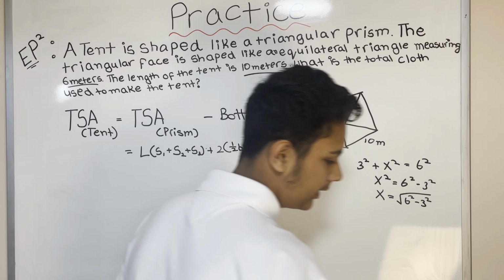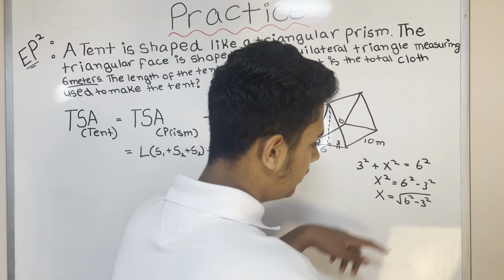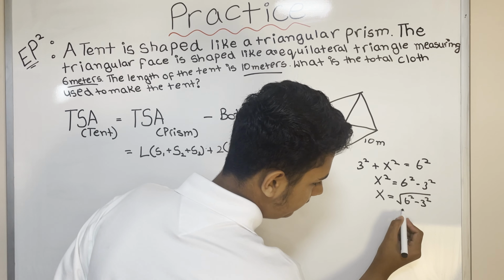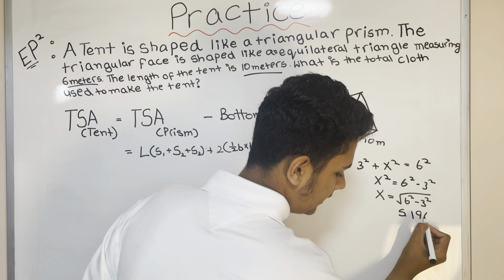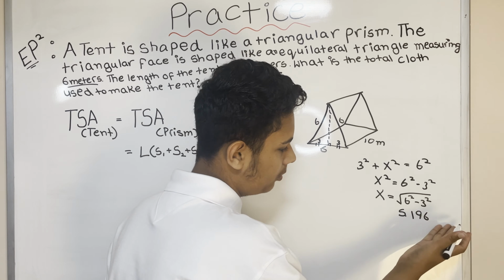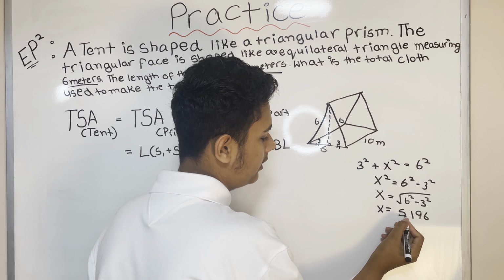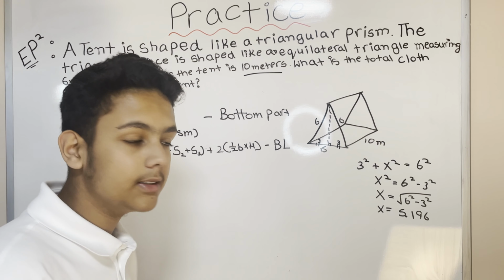If we put this in a calculator, we will get 5.196. We could extend it since there are more decimals, but let's just keep this. This is the height of our triangles.